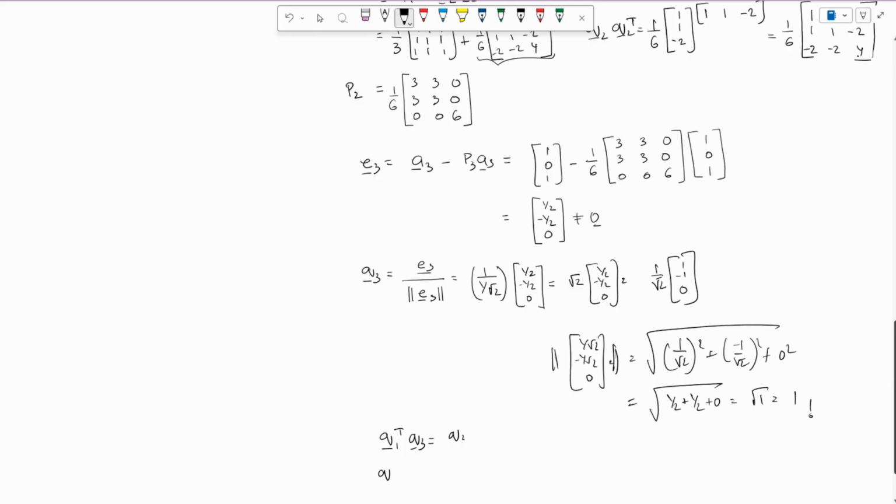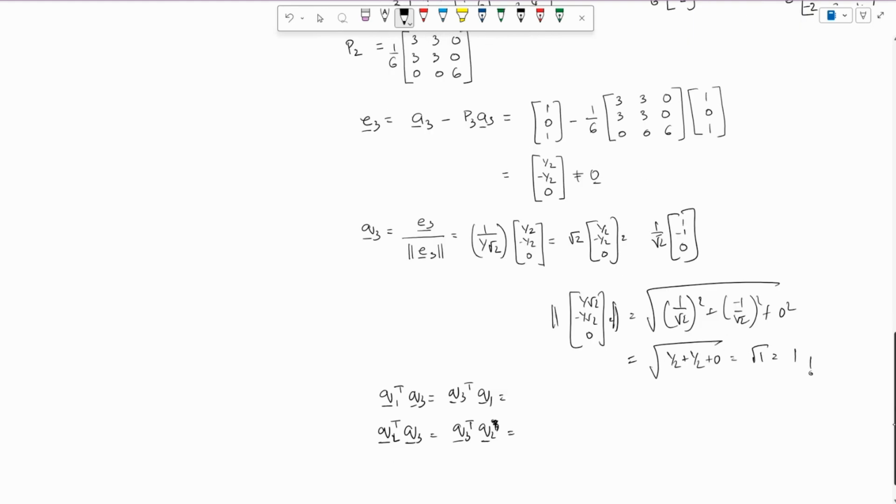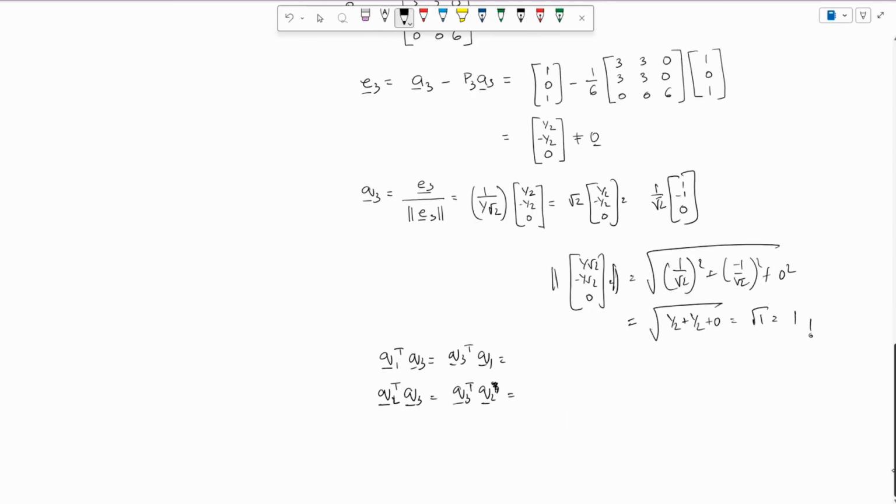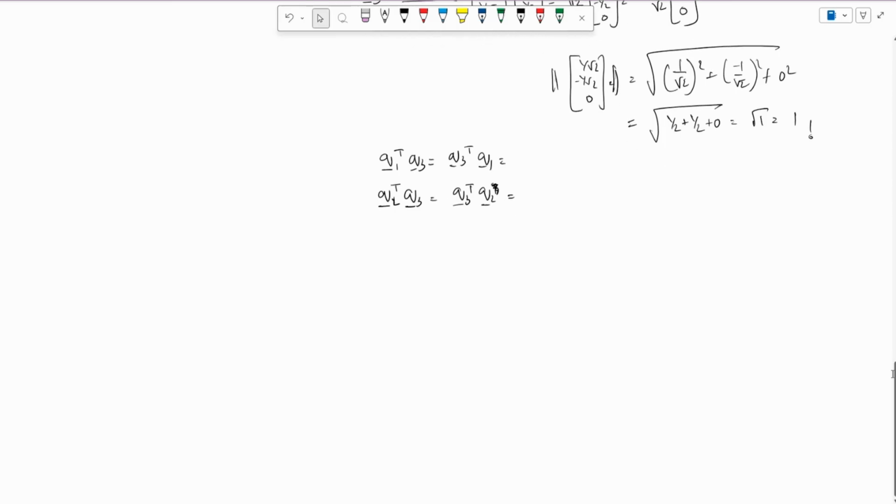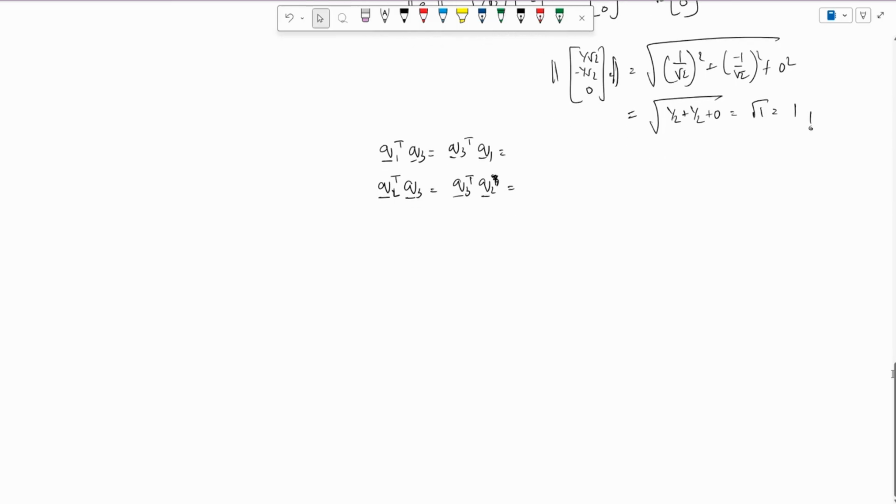This, of course, should be equal to 0, and is. Both of them are 0. First one is 0. Second one is 0. Okay, first one.